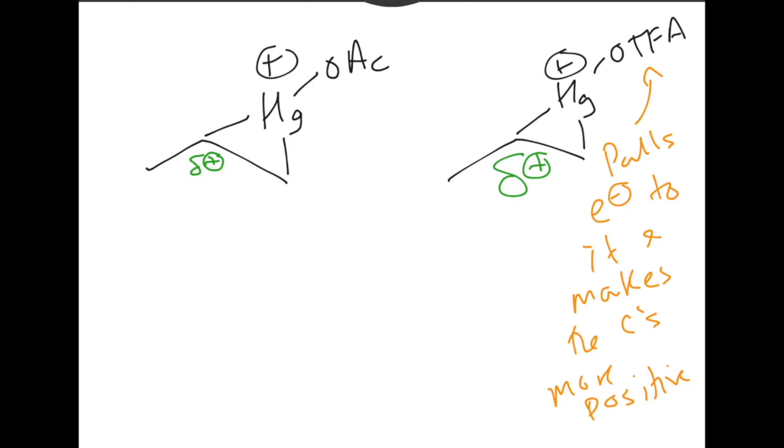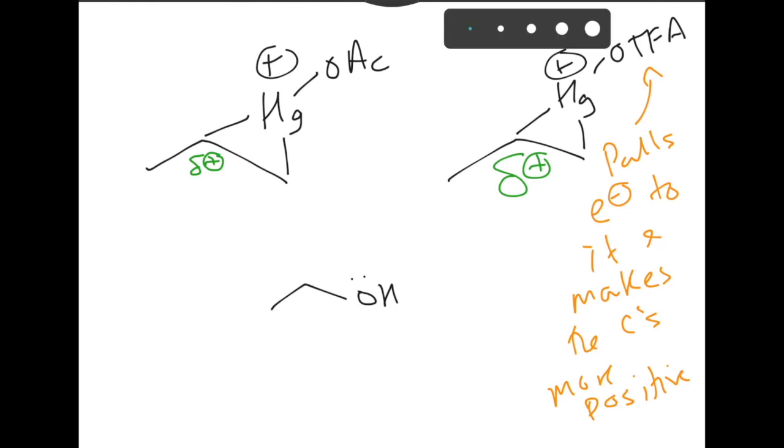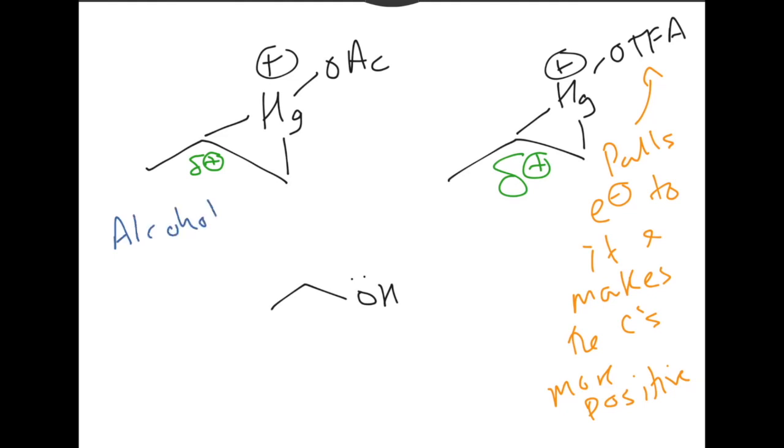Right, so the TFA pulls electrons towards it, makes the carbons on the three-membered ring more positive than if it were an acetate, right? So if you have an alcohol, the alcohol can't add to this, right?